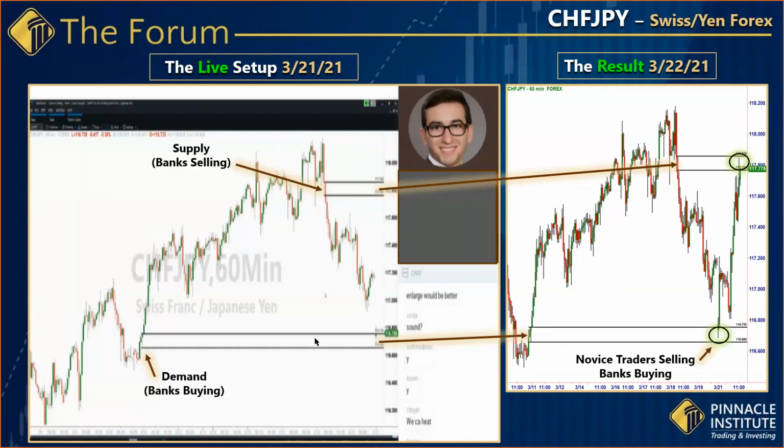Second, they're selling right into a price level where demand exceeds supply, where banks are buying. Okay. You just have to ask yourself, what side of that trade do you want to be on? Right? Just focus on the actions of the buyer and the seller and ask yourself, which one is making the right decision based on how you make money buying and selling anything in life, right?